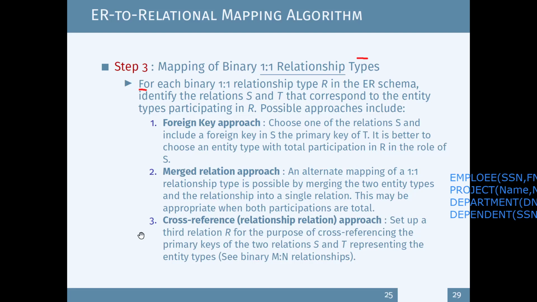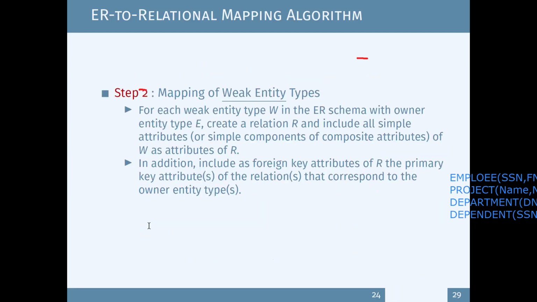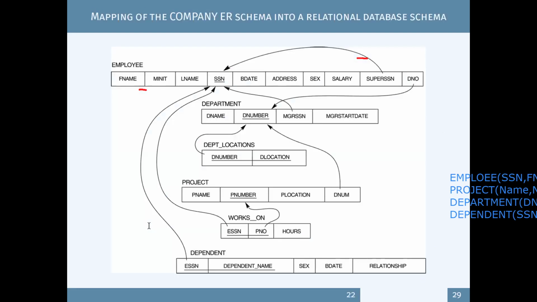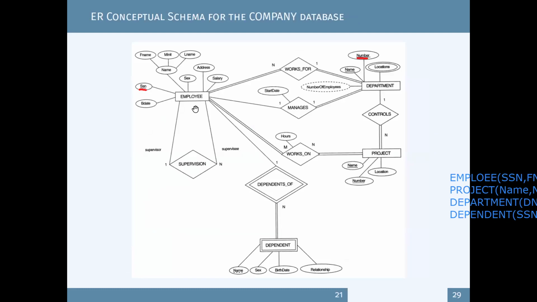It's something like this, which we are not going to do, but let me explain. The third possibility, which I will discuss later on, is that we can create something like employee department.